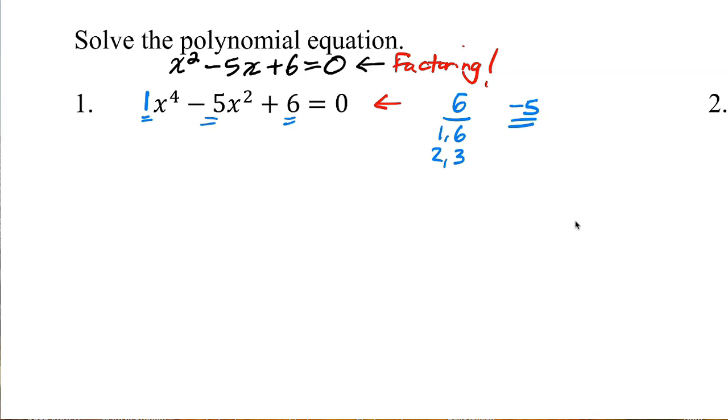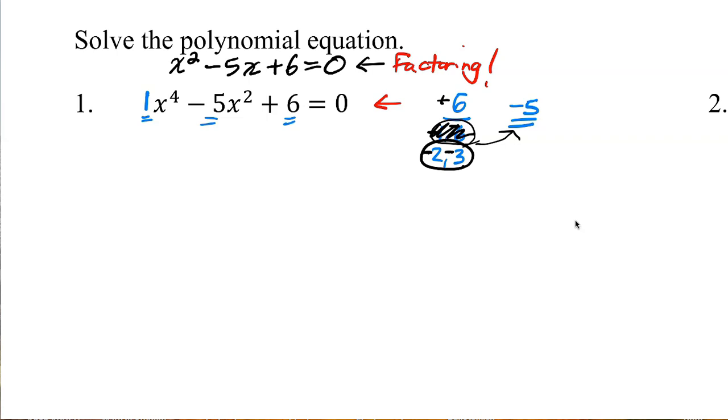It looks like this pair could get us to negative 5 if we make the 6 a negative, but that wouldn't actually work because it needs to multiply to positive 6 but add to negative 5, so they both would have to be negative. So that group isn't going to work. This group would work. They both would be negative. That would multiply to positive 6, and they would add to negative 5. So one like this you might remember.